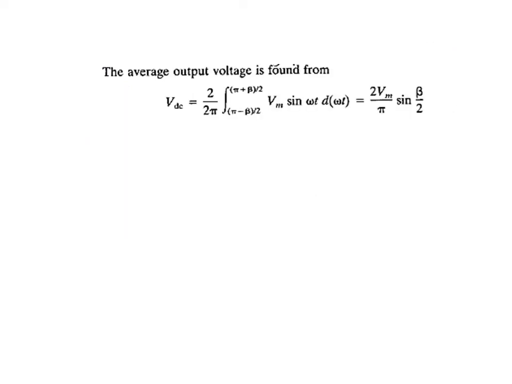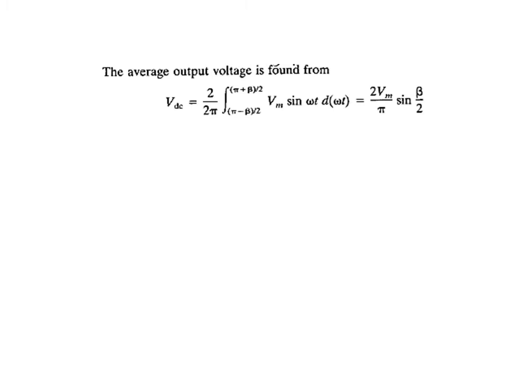The average output voltage can be found from the waveform, that is VDC is equal to 2 divided by 2 pi integration pi minus beta divided by 2 to pi plus beta divided by 2, that is, switch S1 is turned on at pi minus beta divided by 2 and it is turned off at pi plus beta divided by 2.